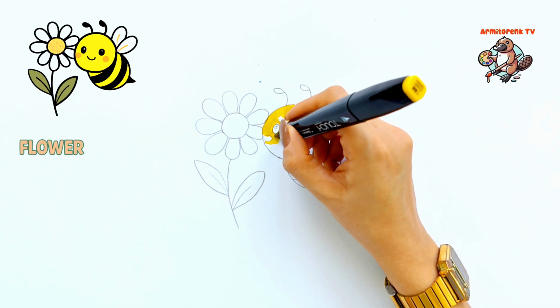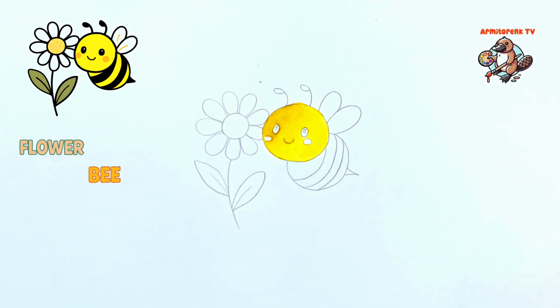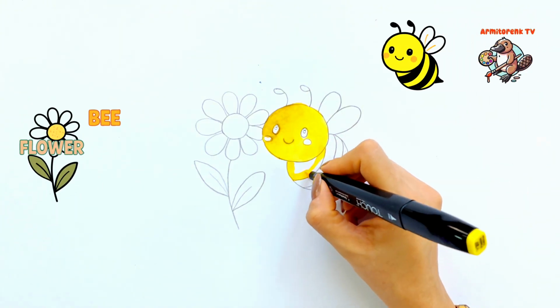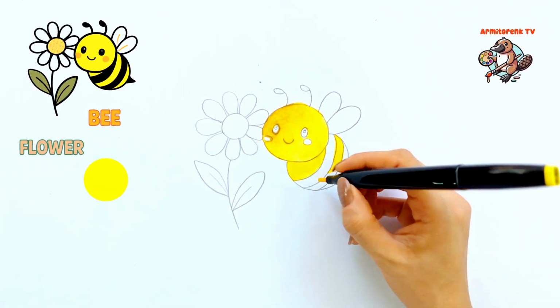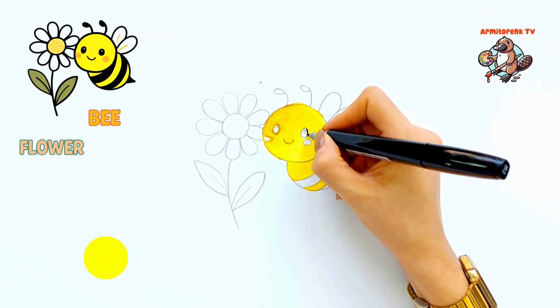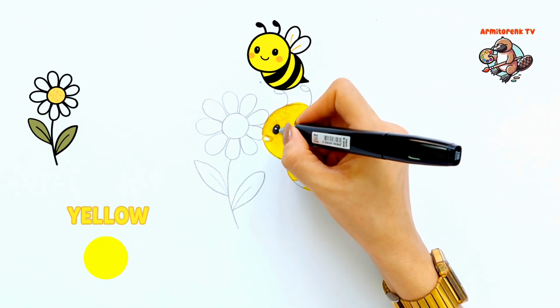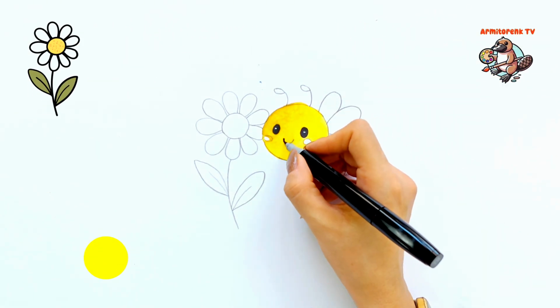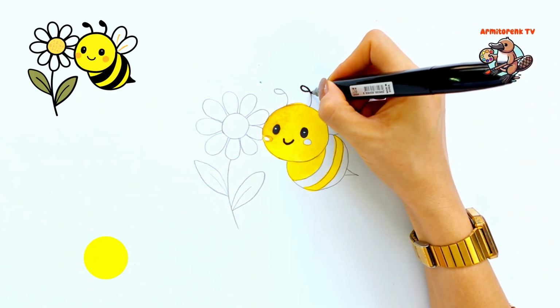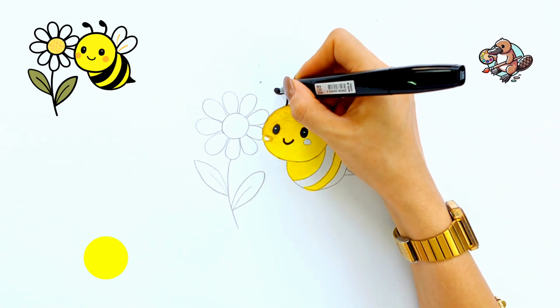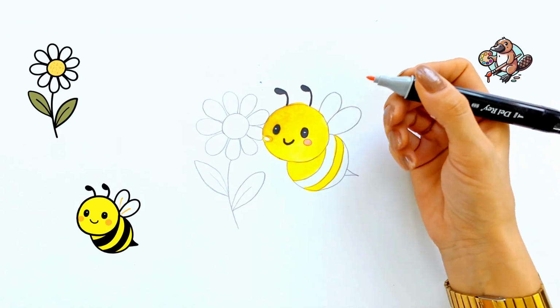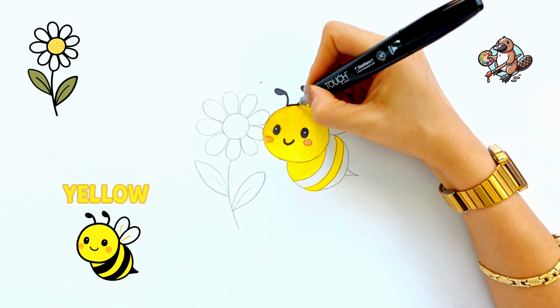Now, let's color. Let's color the bee. What color is it? It is yellow. Yellow bee. What color is the bee? The bee is yellow.